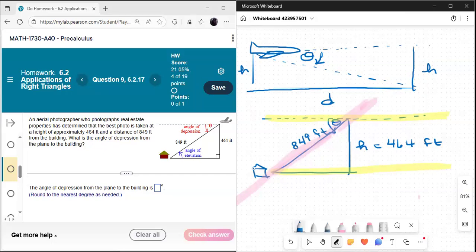So the angle of depression will equal the angle of elevation at the base. And that's because these two angles are called alternate interior angles. So if we can find out what the base angle is, we can find out what the angle of depression is. So we have our right triangle, and we have two sides that are known.